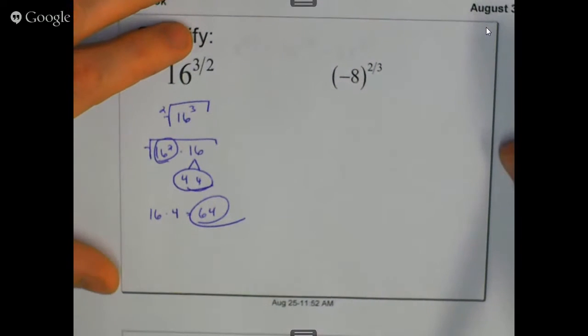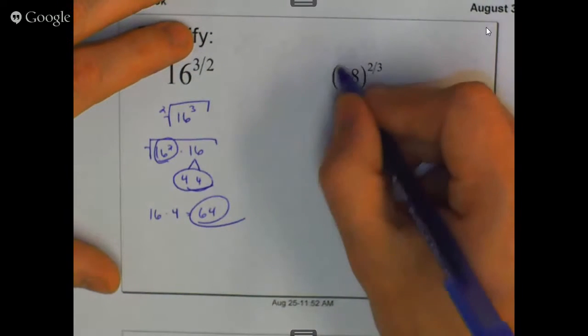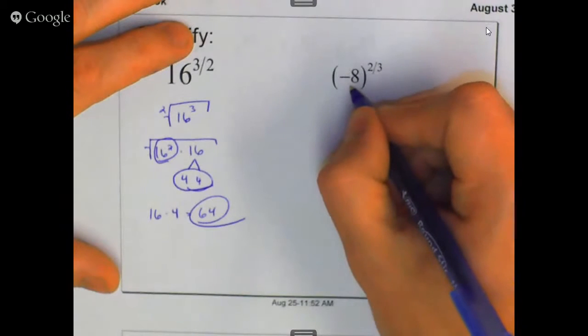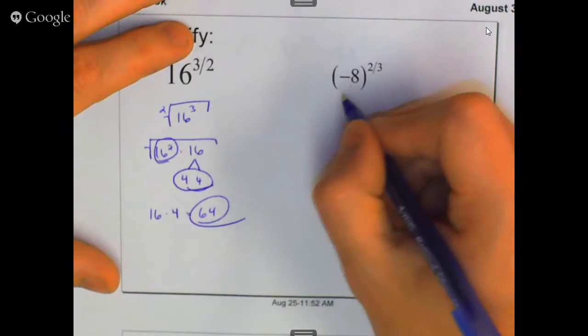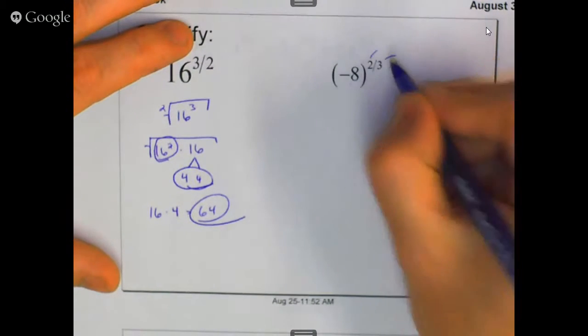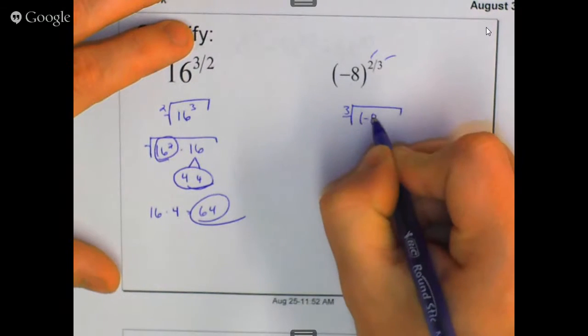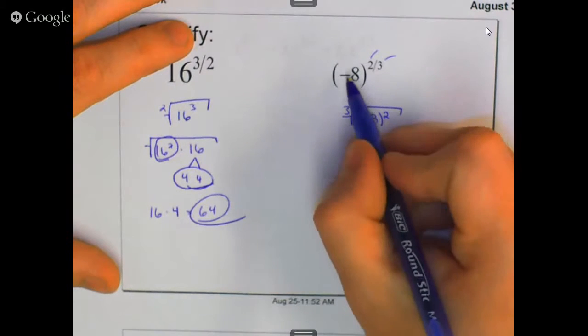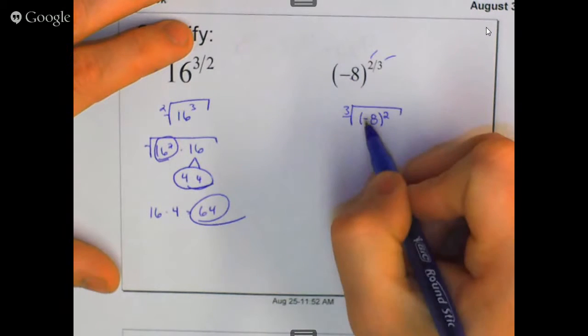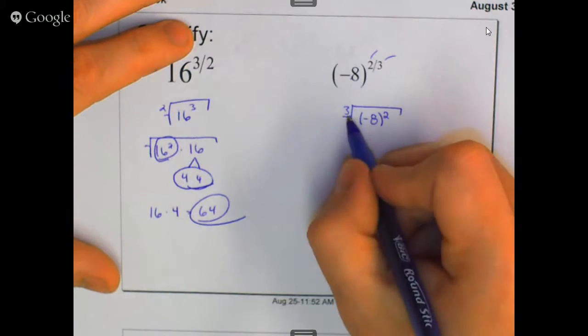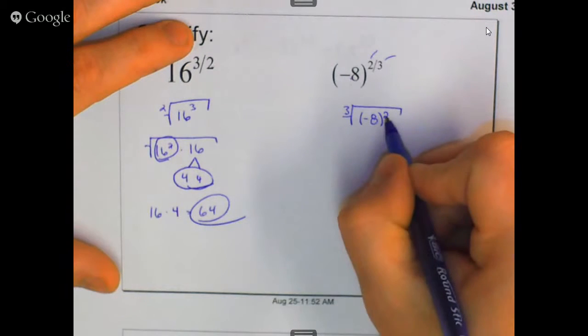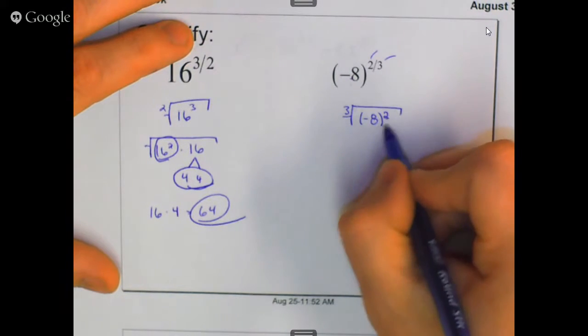Our next one here, it's important that we realize we've got parentheses in the negative here. If we didn't, it would change our answer. So inside out. So we have the 3rd root of negative 8 squared. Again, in parentheses, keep it there. Well, how many groups of 3 can I make out of 2? Well, I can't make any, so I have to multiply this now.